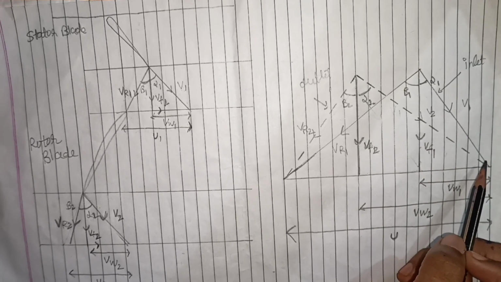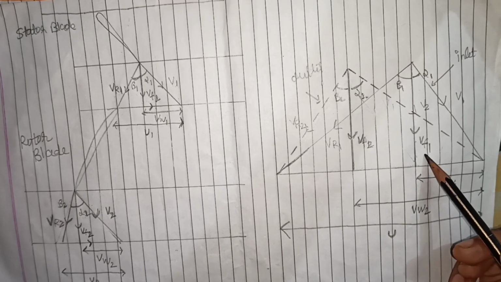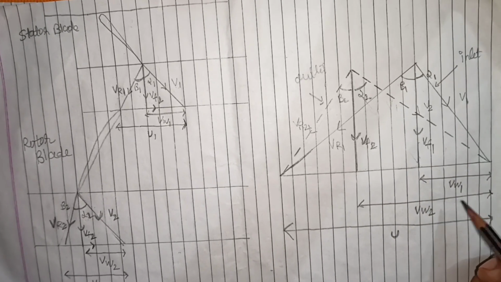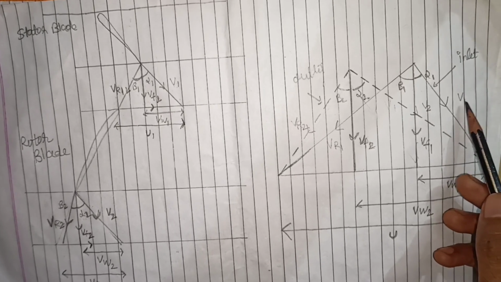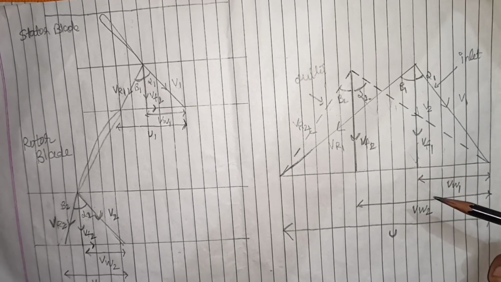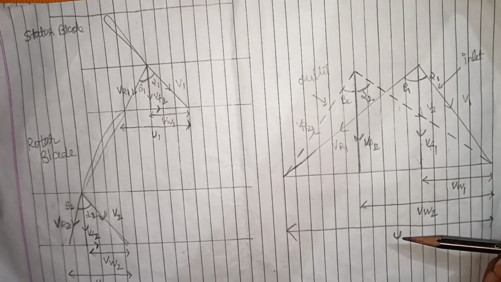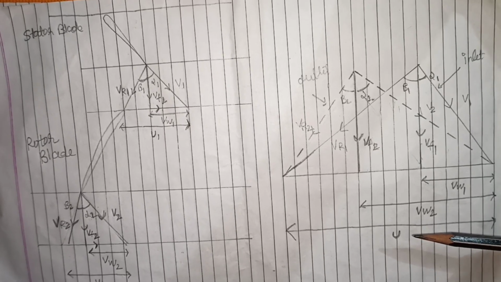This v1 has two components: the flow component, vertical, and the work component, horizontal. For the inlet I have written v1, vf1, vw1, and I have written only u because I have already discussed that u1 is equal to u2 is equal to u.